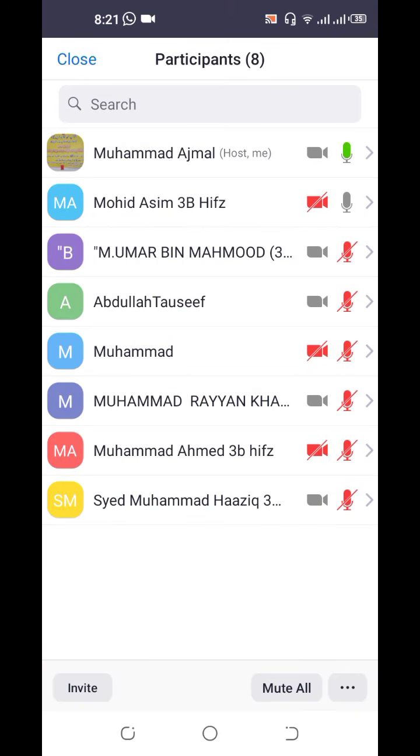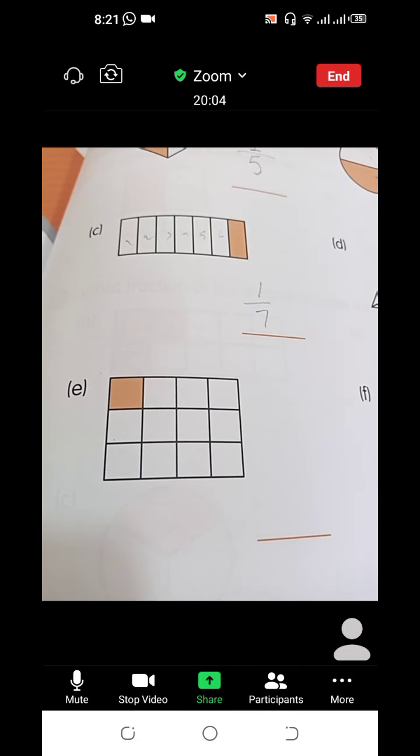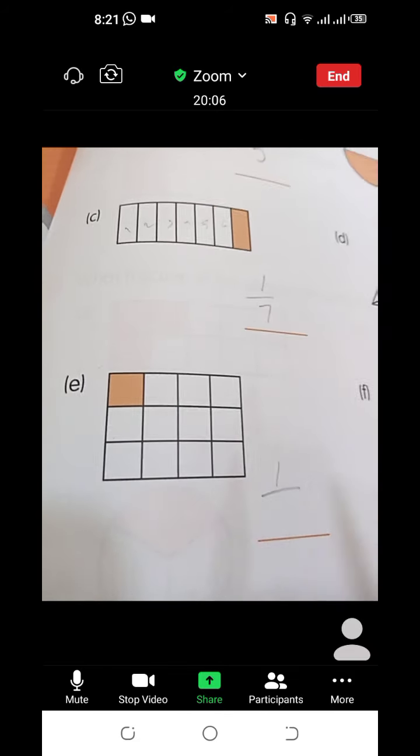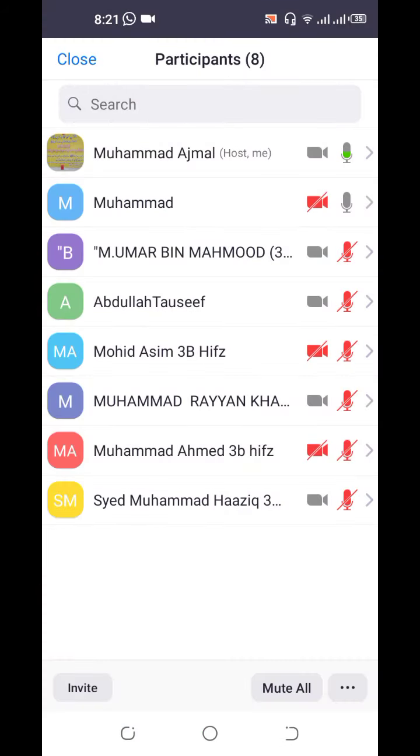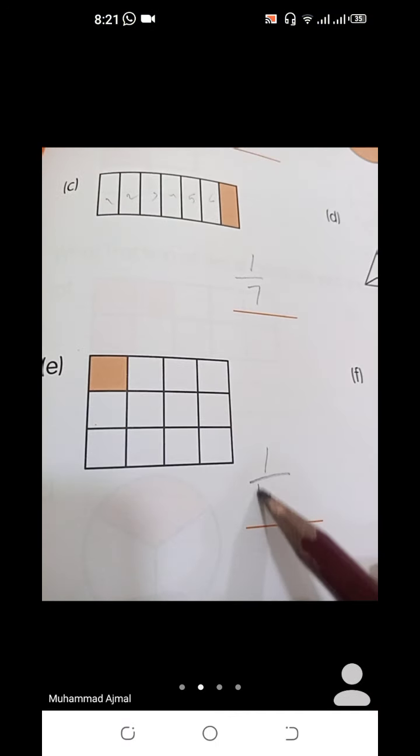For part E, I am taking Muhammad. Hurry up, Muhammad. What fraction will we write for the shaded part of the shape? 1 over 12.